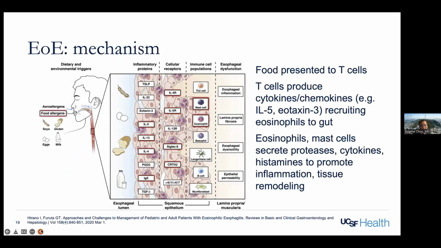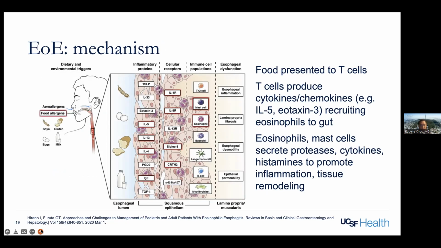And so in terms of the mechanism of what's happening here, it's not 100% completely elucidated, but there definitely is the basic general understanding now that these food proteins are presented to T cells, and that these T cells start producing this inflammatory cascade, things like IL-5, eotaxin-3, and this recruitment of eosinophils to the gut.